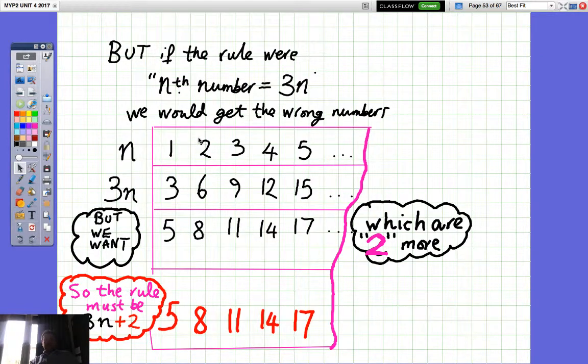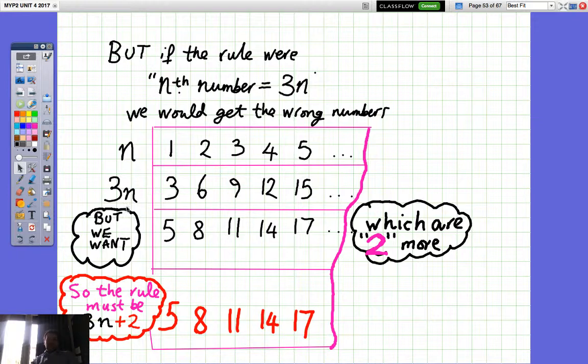Now, if we think of the rule just being 3 times n, these are the numbers we'd get. If n was 1, 2, 3, 4, 5, 6, then 3 times n would be 3, 6, 9, 12, 15. But actually, the numbers we want to get are not 3, 6, 9, 12, 15. We want to get 5, 8, 11, 14, 17.